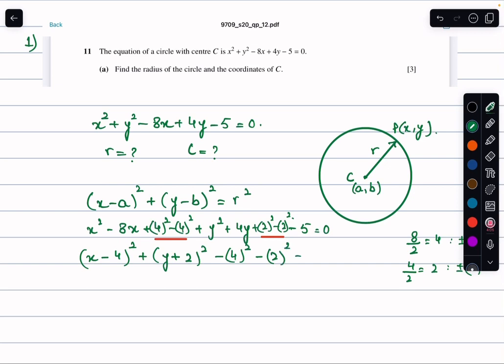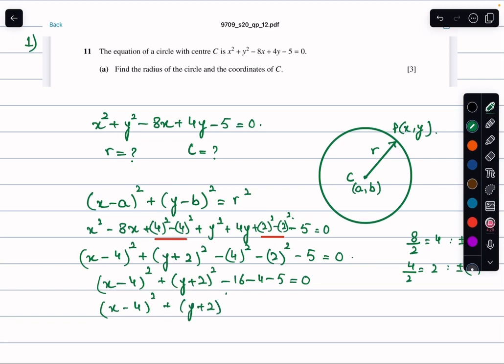and negative 5, which was already there in the equation. So from here I am left with x minus 4 the whole squared plus y plus 2 the whole squared and a minus 16 and a minus 4 and a minus 5, which is equal to 0. Or I can say this is x minus 4 the whole squared plus y plus 2 the whole squared, and this is equal to 25.